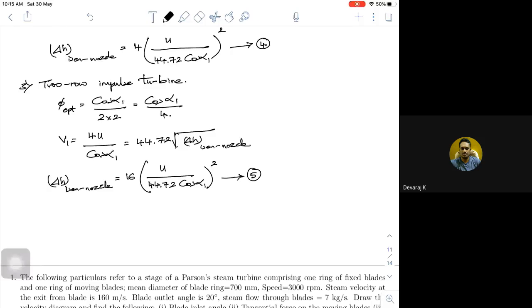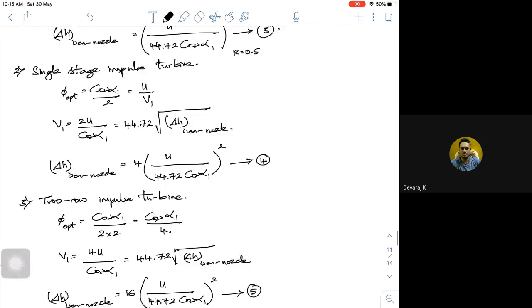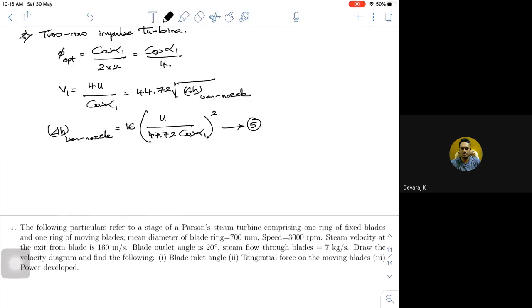Now, what is the efficiency? Efficiency is nothing but the work done divided by this enthalpy drop. If you closely observe, the denominator is a bigger number.